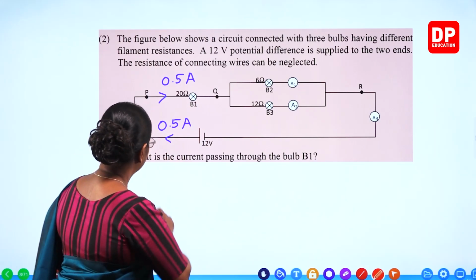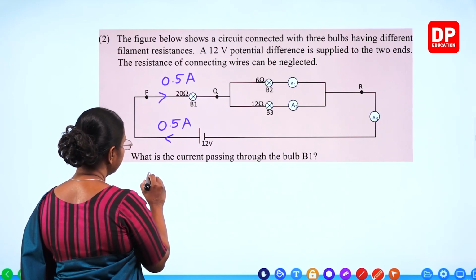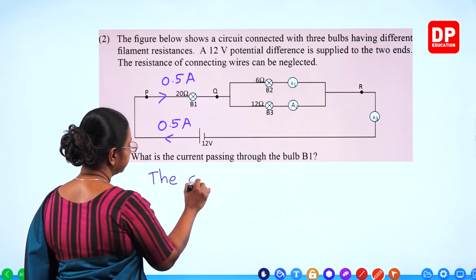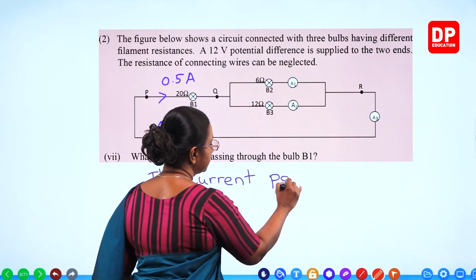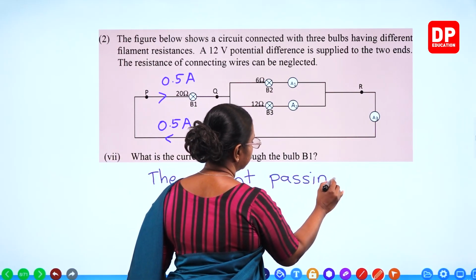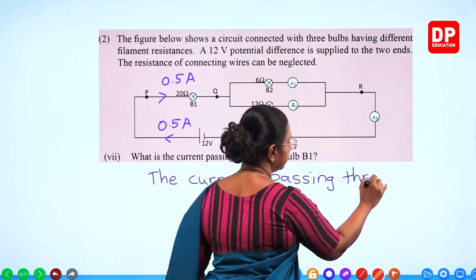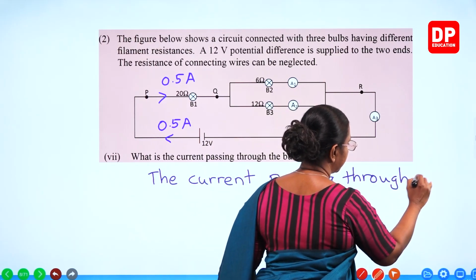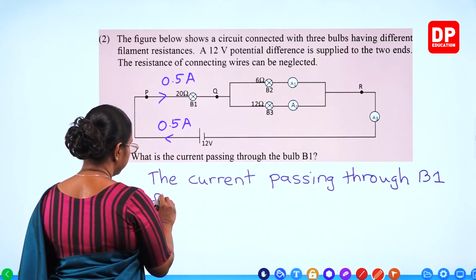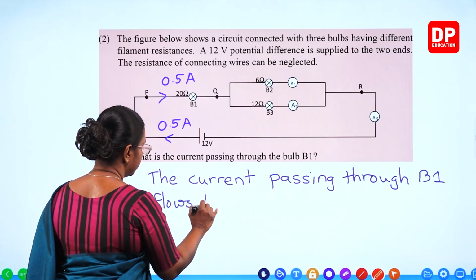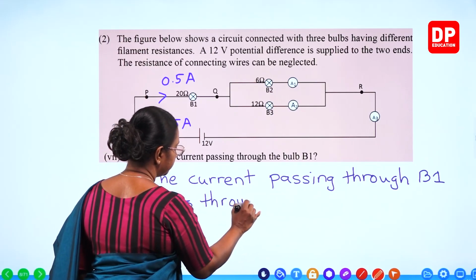So directly you can say the current passing through B1 flows through the circuit.